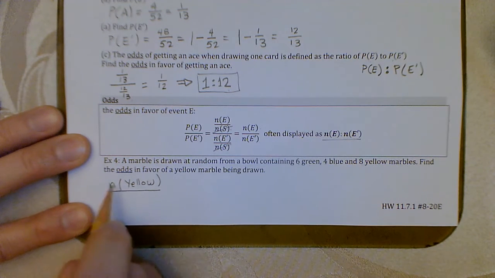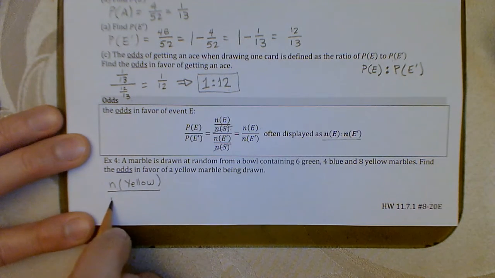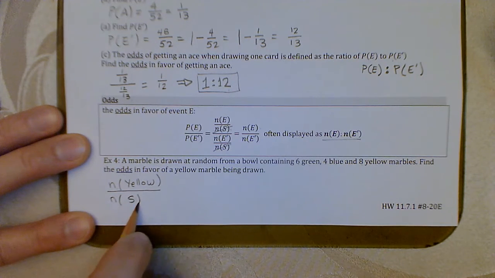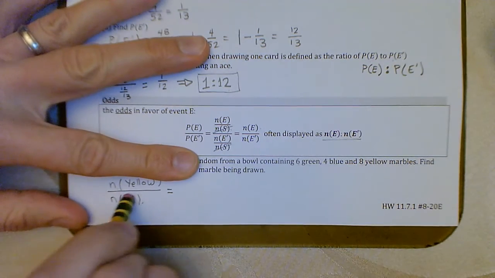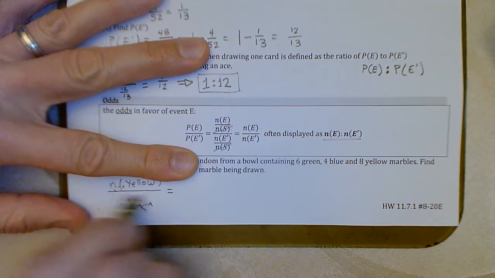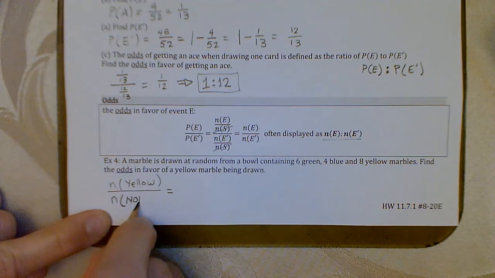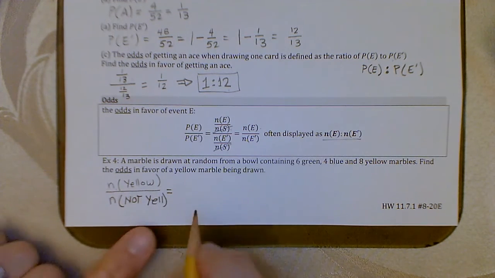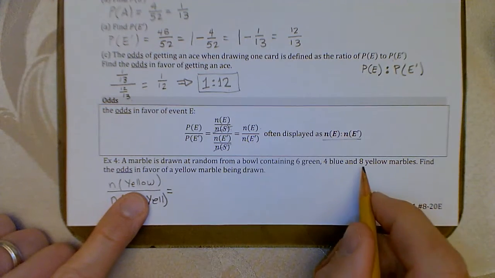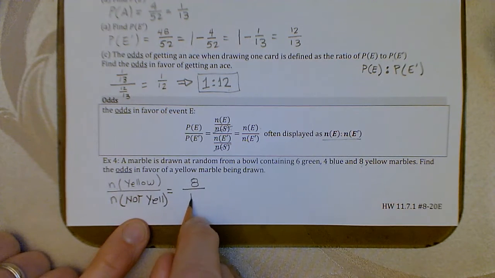So I'm going to think of it as the number of ways a yellow marble can be drawn, and the number of ways that... no, I'm sorry, not the sample space. That would be the probability. The number of not yellow. All right, so the number of yellows is 8, divided by the number of not yellows, which is 10.